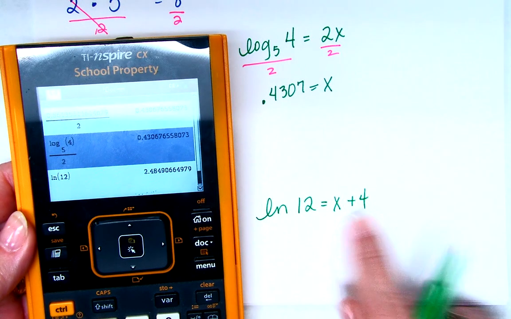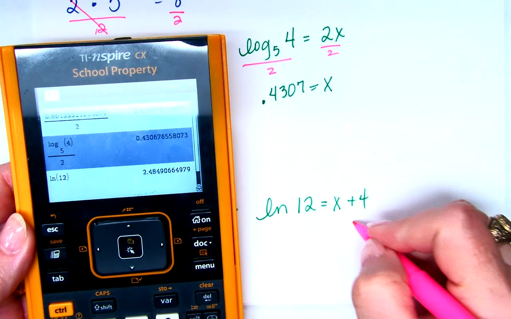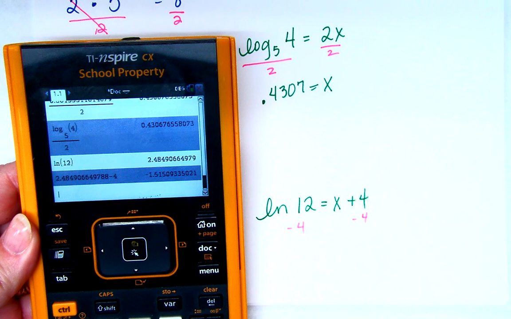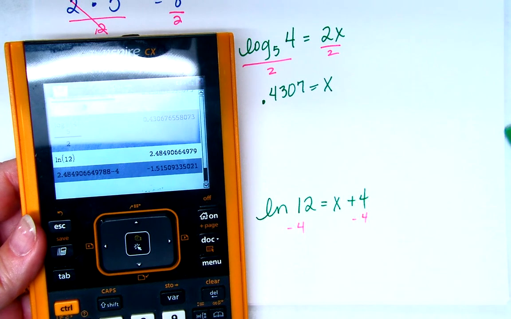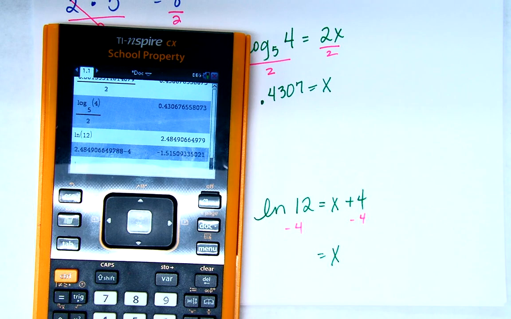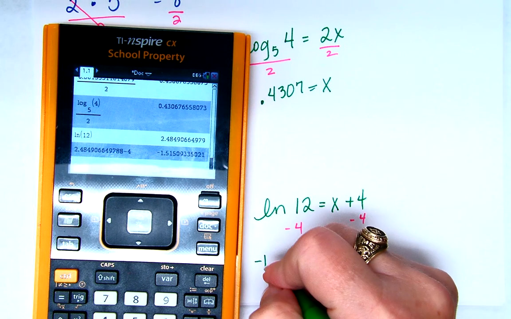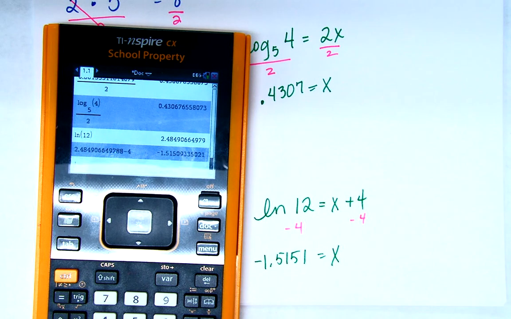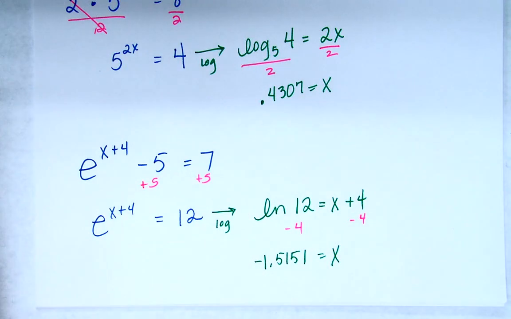So how am I going to solve for x? Subtract 4, right? So just subtract 4 from that number right there in your calculator. And I get x equals negative 1.5151. Is it correct? Check it.